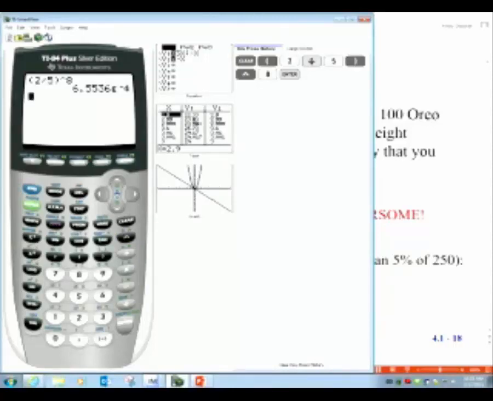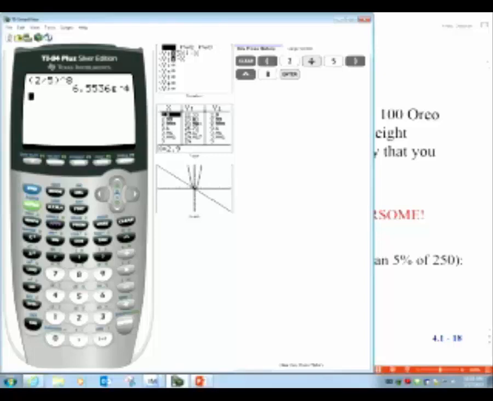Move that decimal place to the left 4 places and then round to 3 places. And this 5 would cause that 6 to round up to 7, so 0.007. All right, that's what you should have for the probability that all 8 cookies you draw out are Oreos.